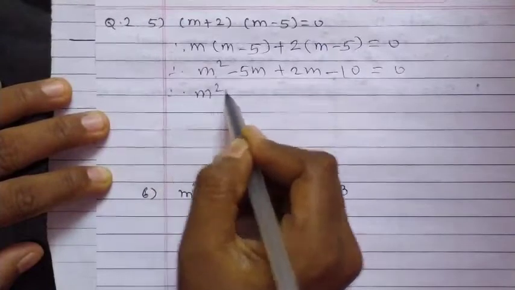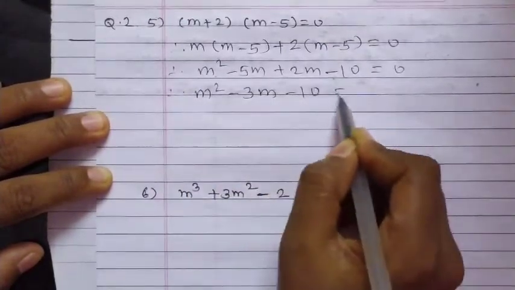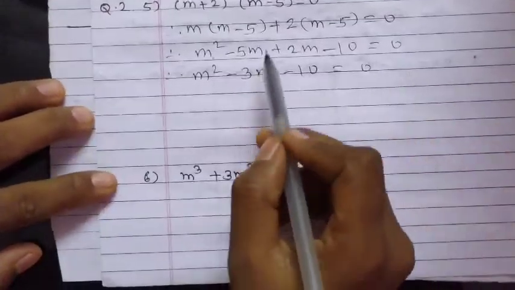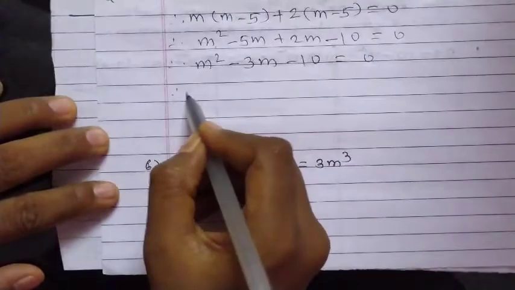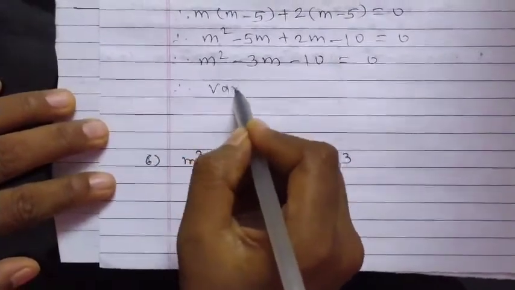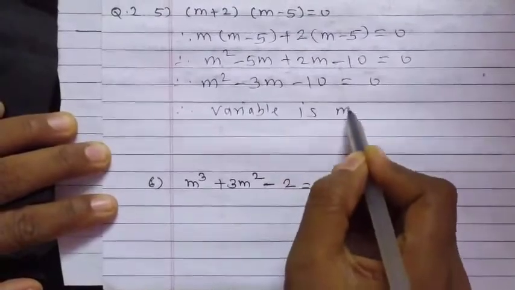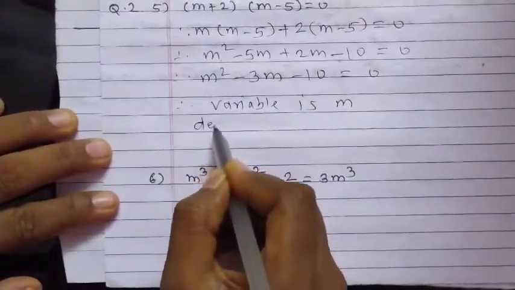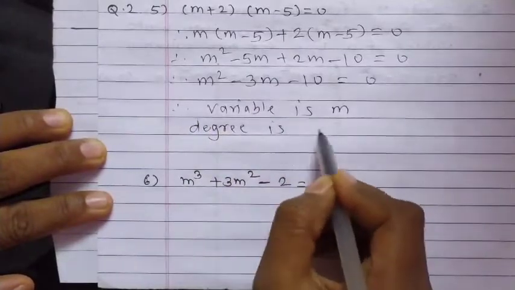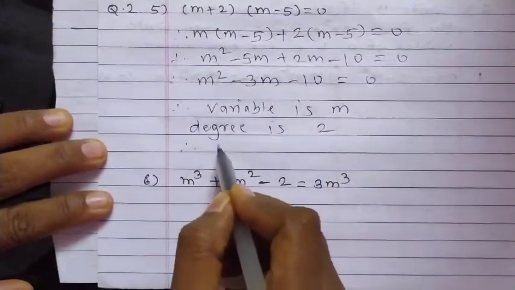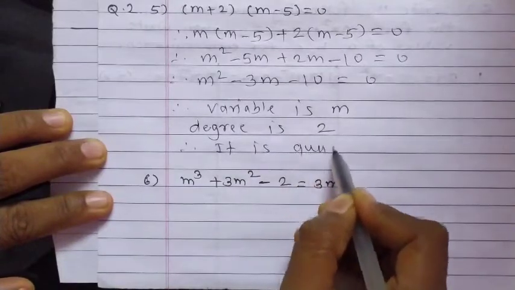Therefore m square minus 3m minus 10 equal to 0. Minus 3m because minus 5m plus 2m is minus 3m. Here variable is only one, that is m, degree, that is highest index, is 2, and therefore this equation is a quadratic equation.